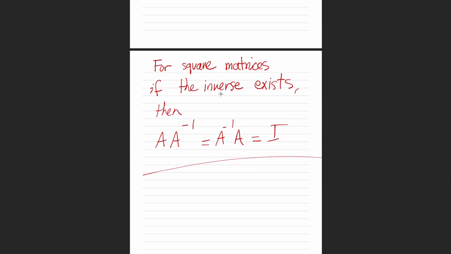So for square matrices, if the inverse exists, then not only is A A inverse identity, but also A inverse A is identity.